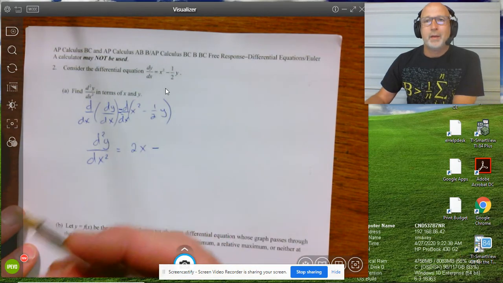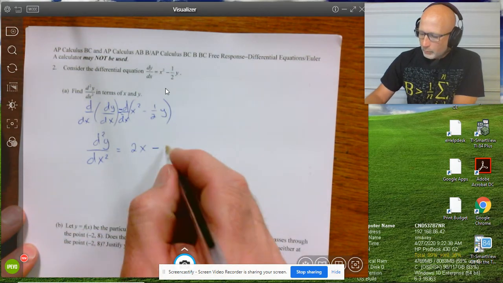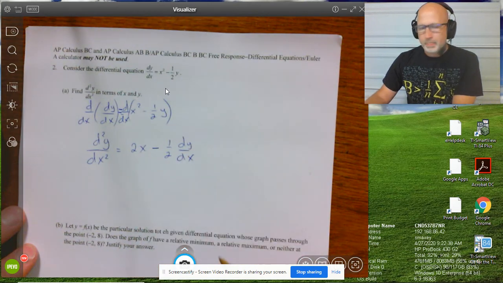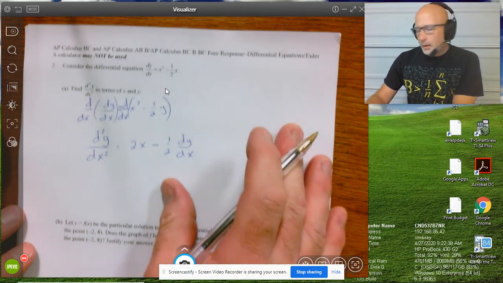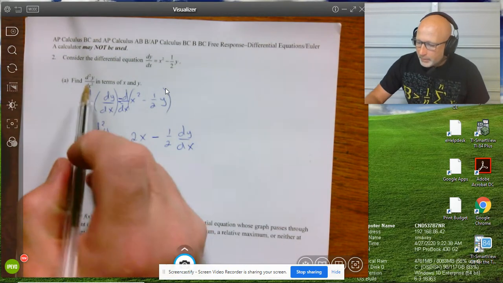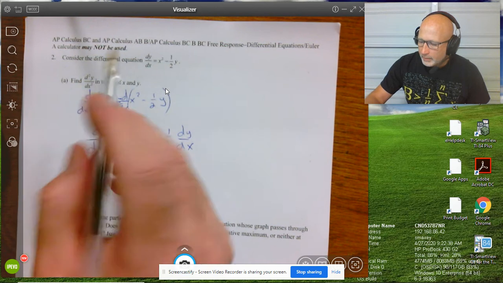The derivative of 1/2 y is 1/2, but the y and the x don't match up, so it's 1/2 dy/dx.